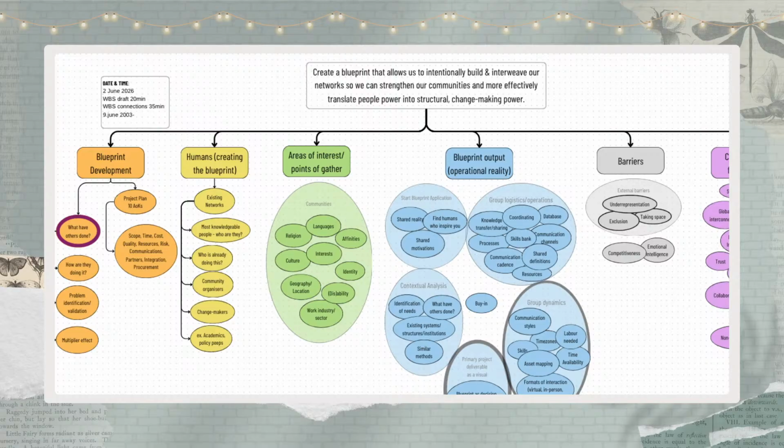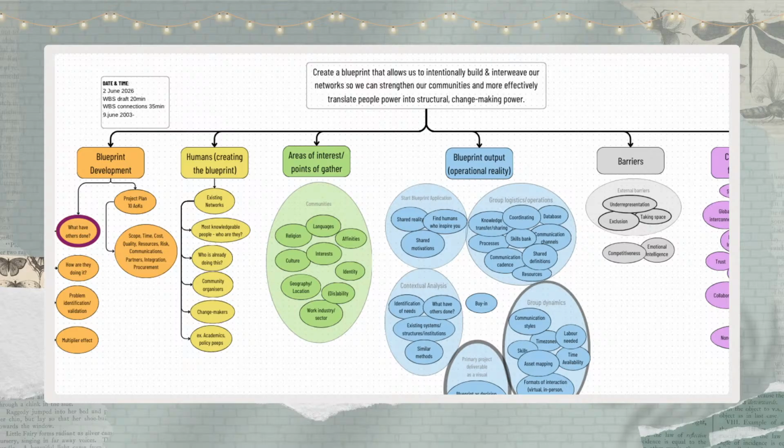category. Yeah, I was going to say that it would also be in the blueprint development in the orange, when we are saying how are they doing it, and if we have several communities that we are considering, or one, or many, we can say, okay, let's say that is about identity, right?